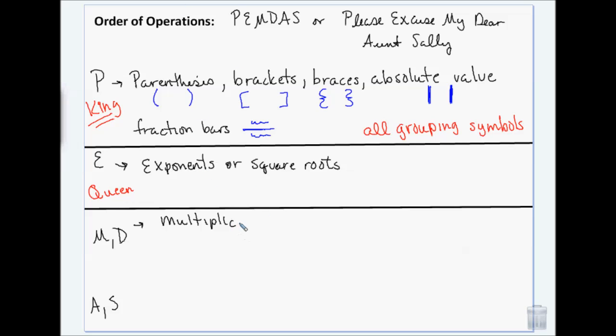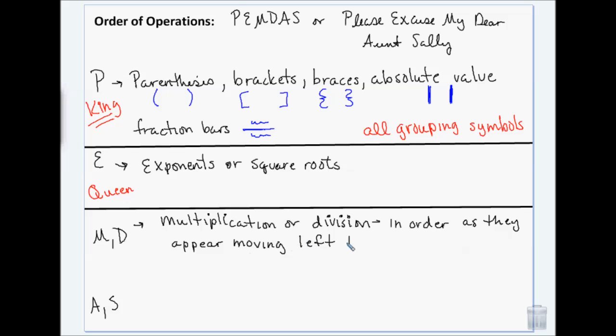Multiplication has a C in it. Or division. And you do those in order as they appear. And that's moving the same direction we read. So left to right.